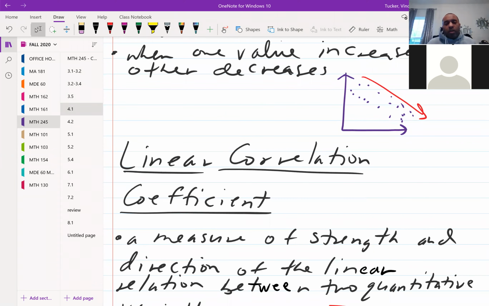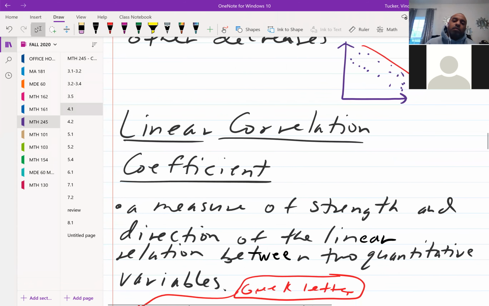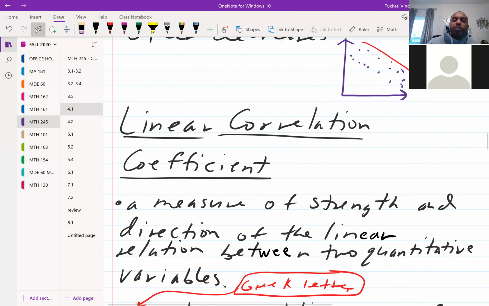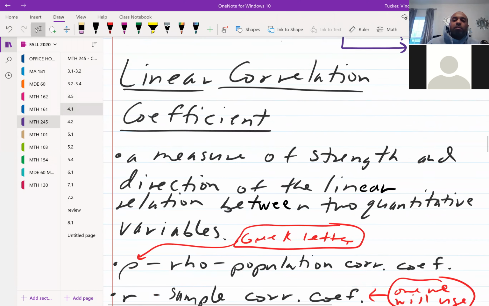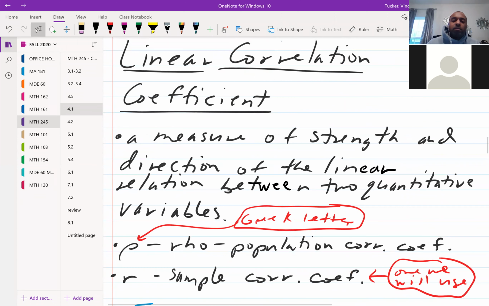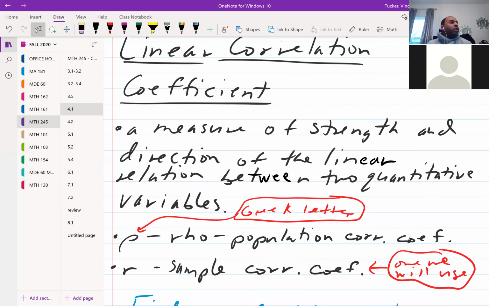All right, next one's our linear correlation coefficient. It's a measure of strength and direction of the linear relation between two quantitative variables. So we can represent that correlation coefficient one of two ways. Remember, we talked about before how the population has different symbols than the sample.